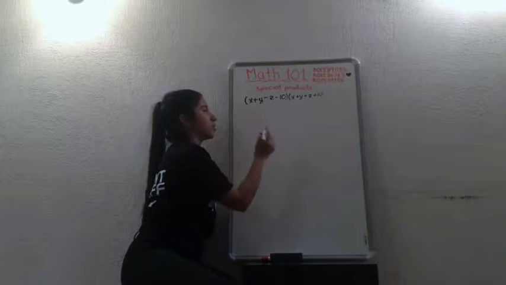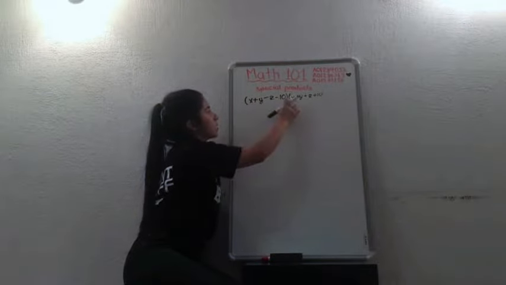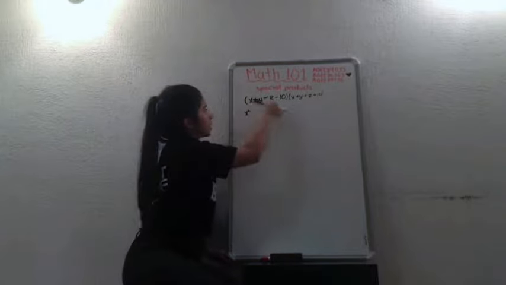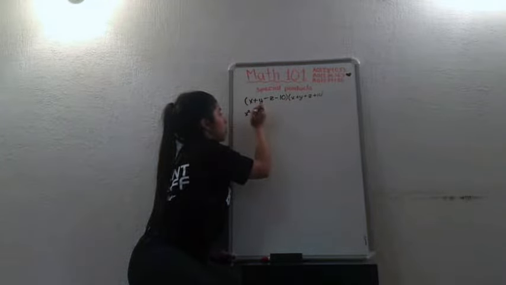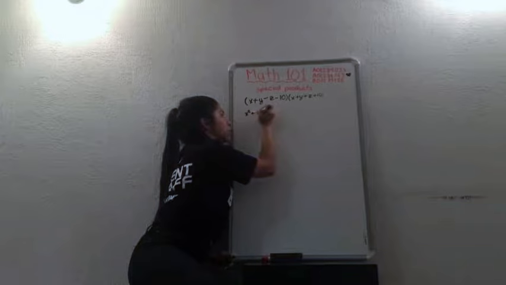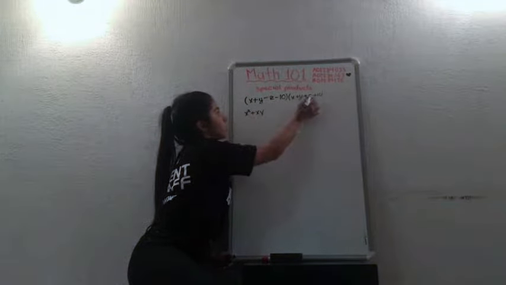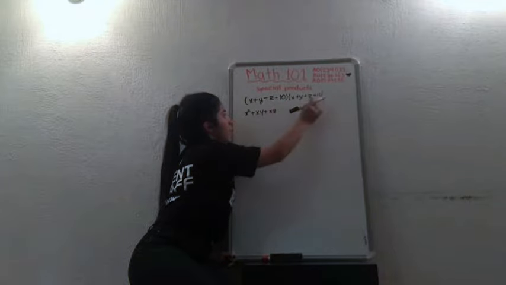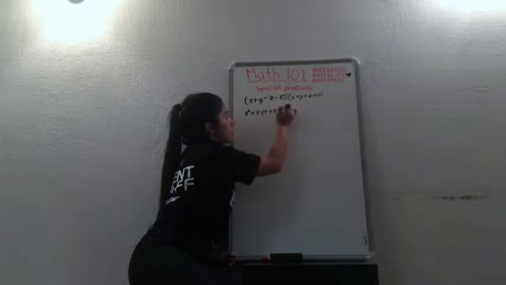So we're going to start with x, so we multiply x by x, and it's x squared, x by y, and they're all positive, so we have xy, x by c plus xc, and then by 10 plus 10x.